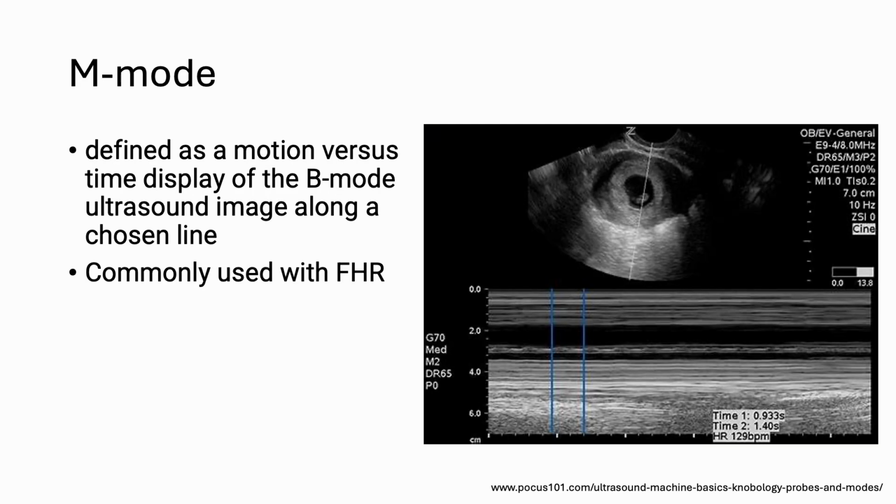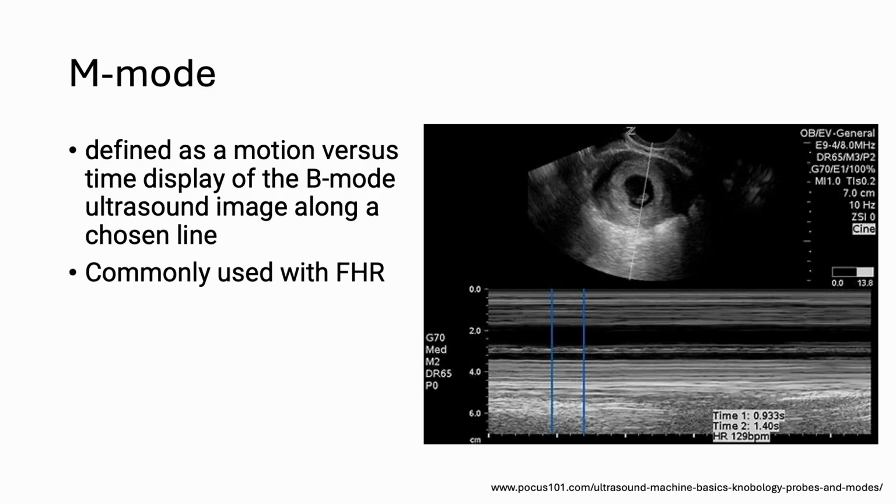So the M mode is defined as a motion versus time display of the B mode. So it's similar to the B mode, but it's showing it in motion versus time, and it's showing along a chosen line. So it's focusing on, in this case, the fetal heart, and it's showing motion. This is very hard to see, but you can see the lighter, which we call hyperechoic areas, that the blue lines are going through, and that is a fetal heartbeat.